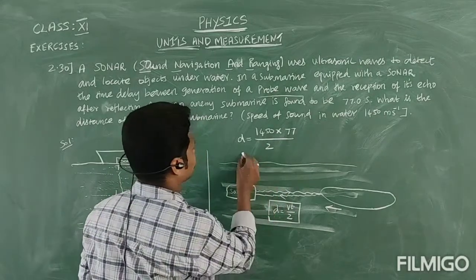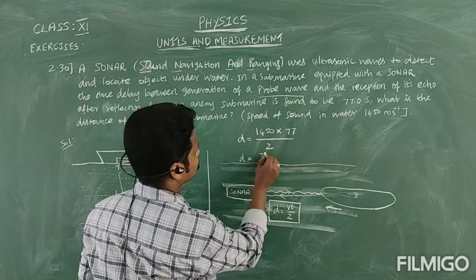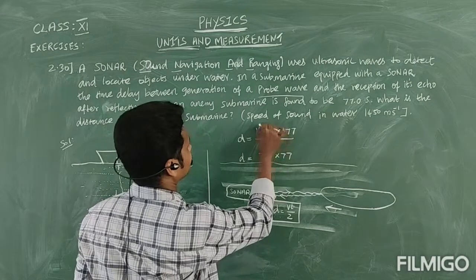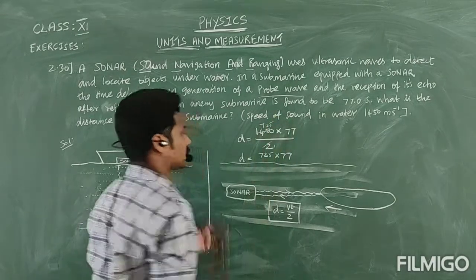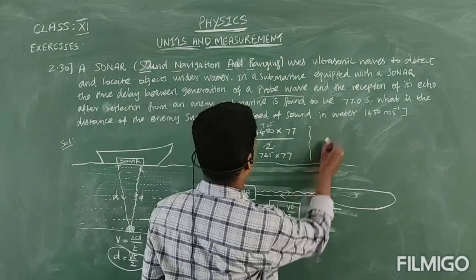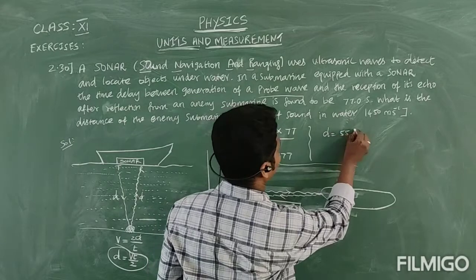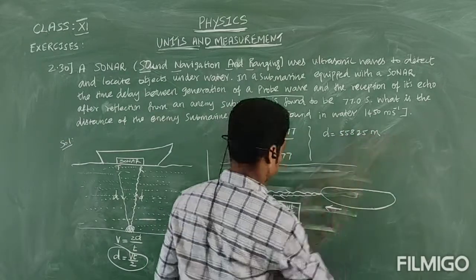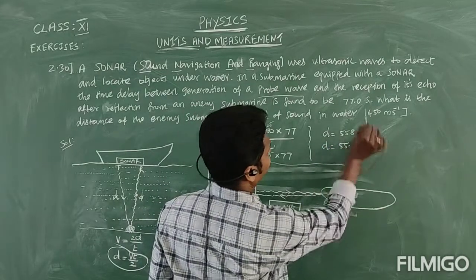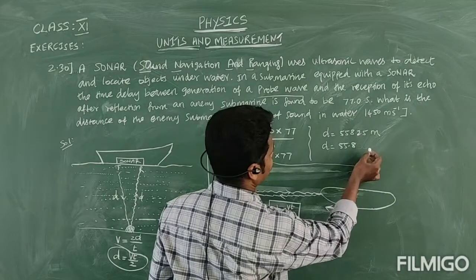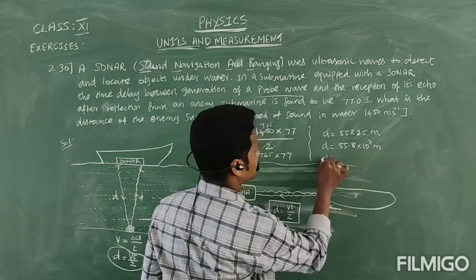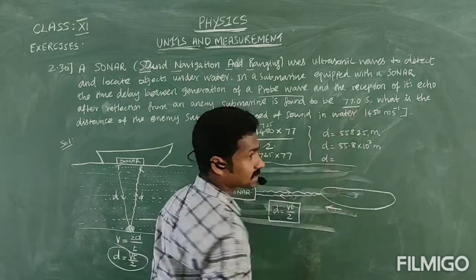Okay, so I can write that d is equal to 725 into 77. So this value already calculated, so 55825. So d is equal to 55825 meters, so this much distance. Okay, so therefore d is equal to 55.8 into 10 power 3 meter, because here the 3 significant.